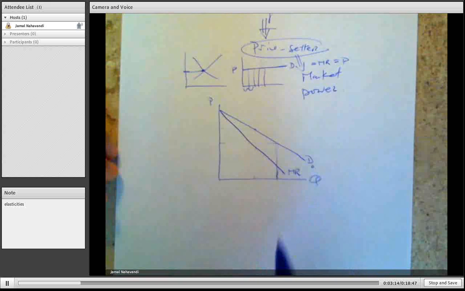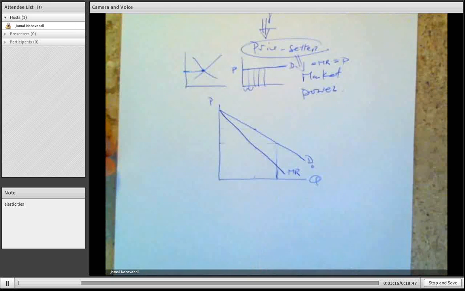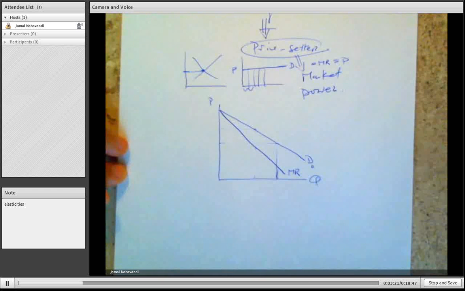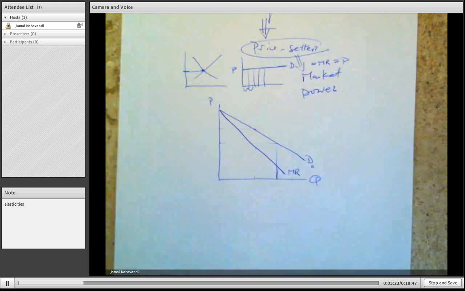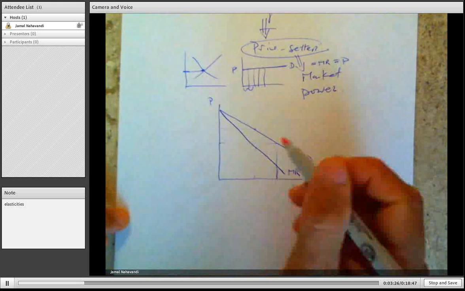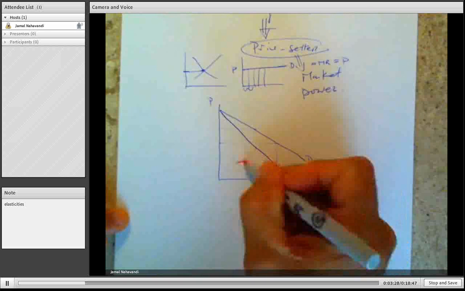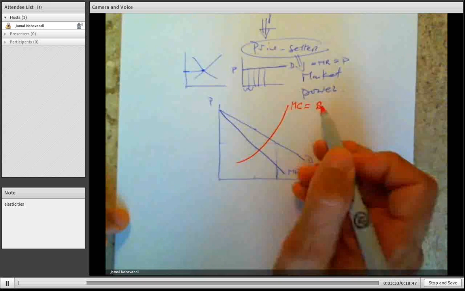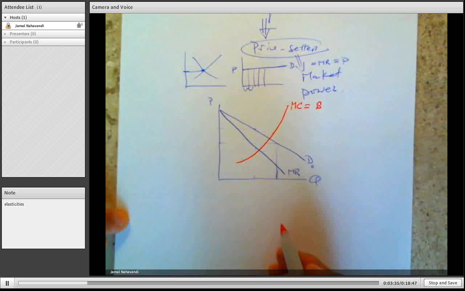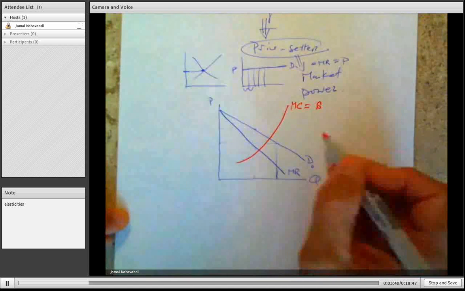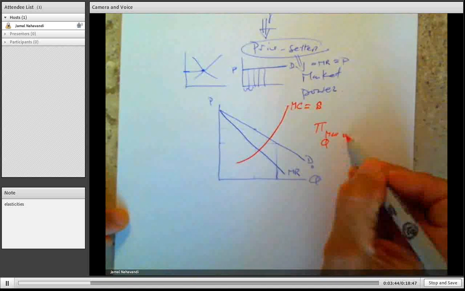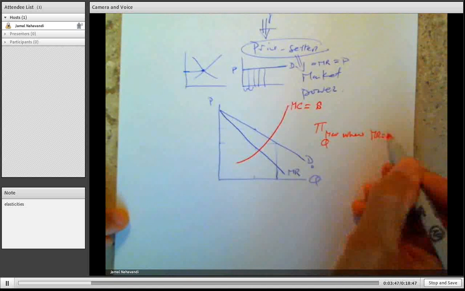Now, the next question is, how do you decide where should be the level of output? Well, like all other firms, a monopoly also has a marginal cost curve, which is, again, its supply curve as well. And if it's a profit maximizing firm, it follows the rule that profit maximizing output is where marginal revenue is equal to marginal cost.